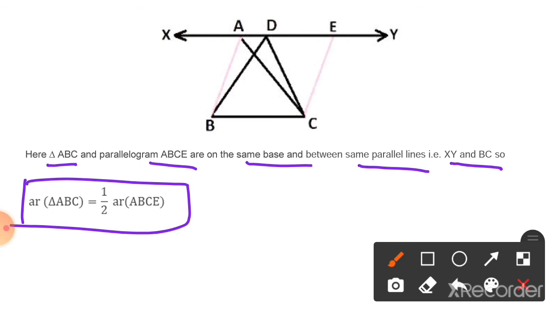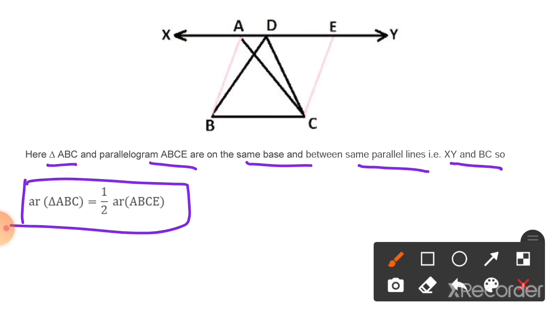So now this chapter is completed. It is a very small chapter because examples are removed. We only learn about the theories, and these theories are very easy to understand. Plus there are a few things we already learned in chapter number 8, like what is a parallelogram, what is a triangle. In chapter number 7 we already discussed the area of a triangle. In chapter number 8 we discussed the types of quadrilaterals and their areas and properties. So in this chapter we only discuss the relation between the areas of parallelograms and triangles.